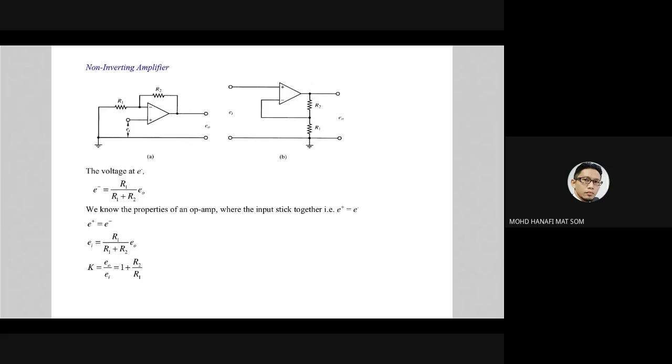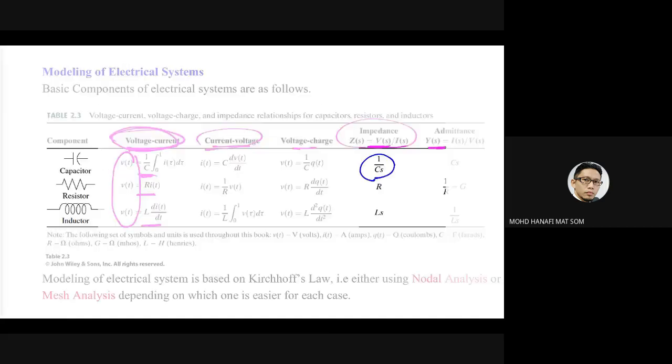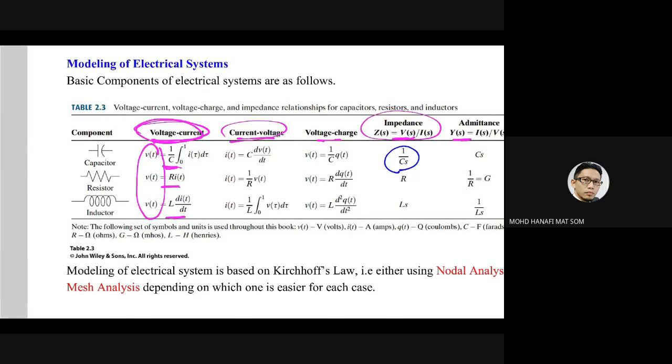Doctor, for 1 over SC, what does it mean? 1 over SC, I already showed earlier. You can refer to the first slide of the modeling of electrical system. We have the capacitor.